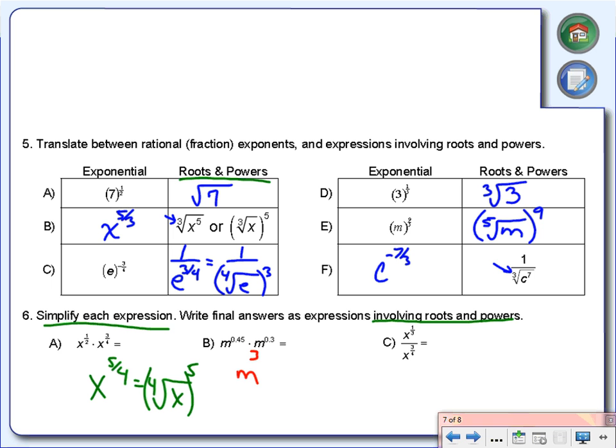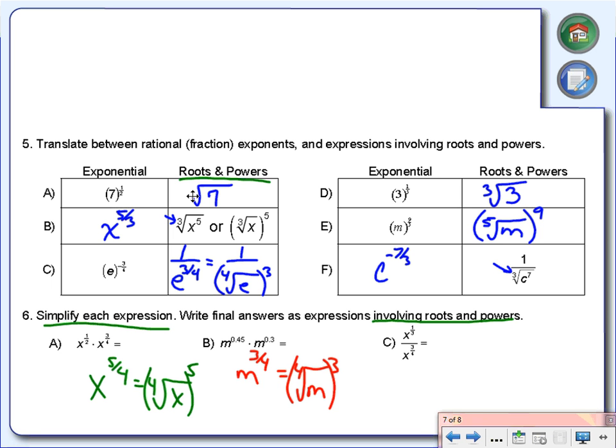Three-fourths, 3 over 4. However, we're not going to leave the answer like that. And that's because we're going to use the roots and powers. All right, so how do I write this? This would be the 4th root of m to the 3rd power. Again, the bottom number is our roots, top number is our power.